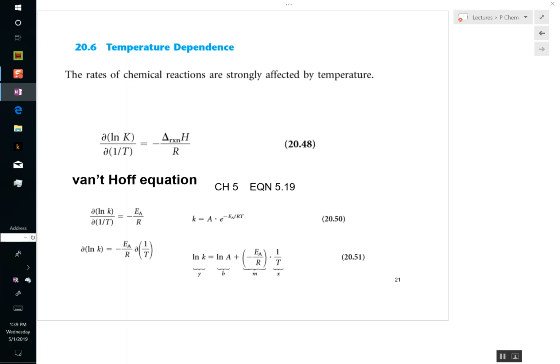They bring it up here because Arrhenius looked at that equation and started looking at kinetic data, and he made an analogy between the rate constant K, not the equilibrium constant K, and instead of the delta H of the reaction, the activation energy.